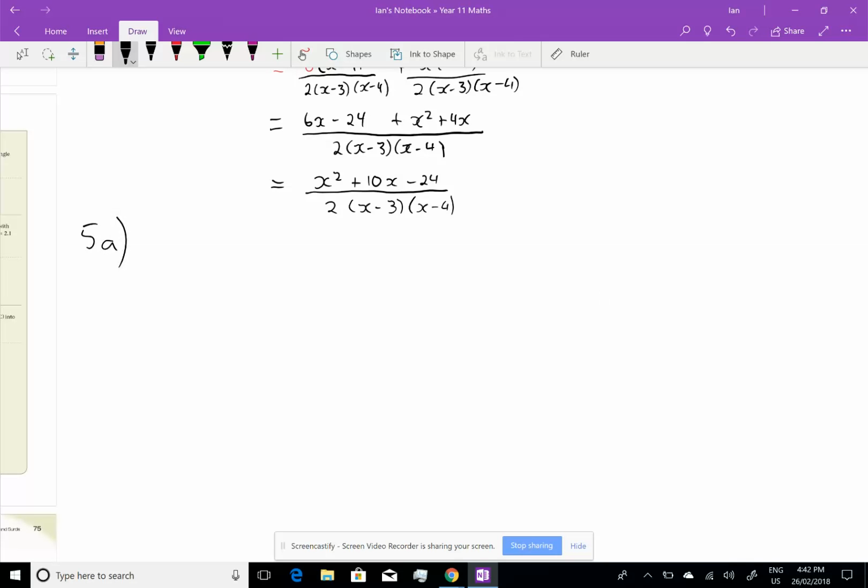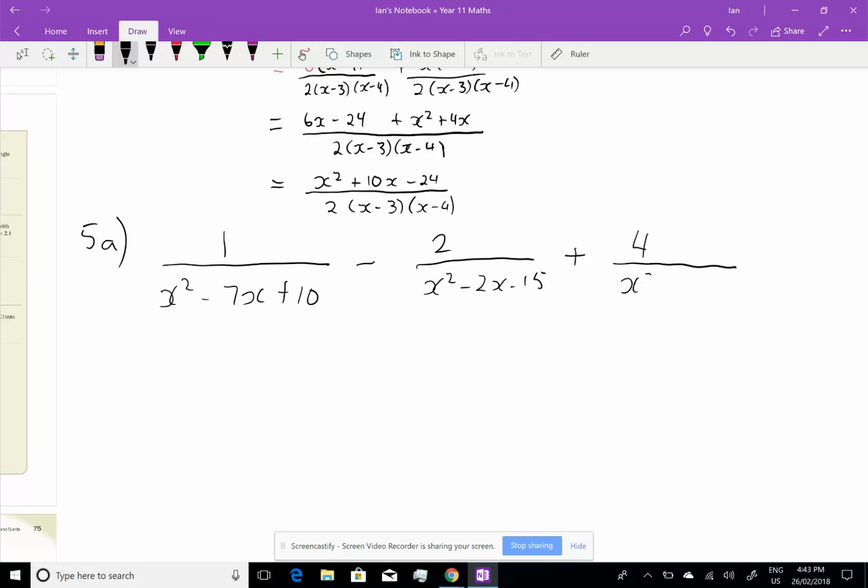I'm going to use the actual hard copy of the book to get it. So it's 1 on x squared minus 7x plus 10, minus 2 on x squared minus 2x minus 15, plus 4 on x squared plus x minus 6.